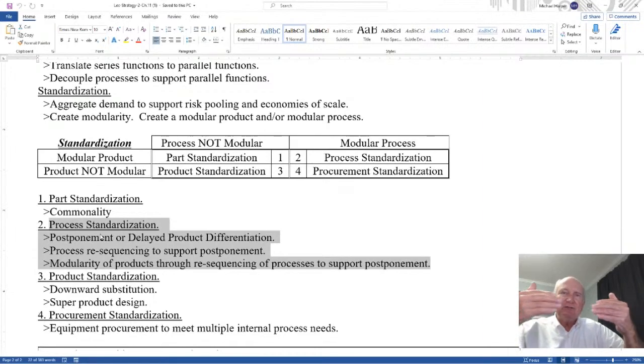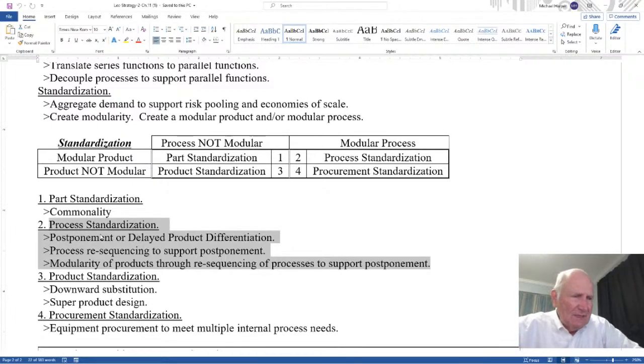And as they go downstream, you don't have to put it together until you're right at the delivery point, right at the retail part. And there's where the process can be modularized down there. So each process is a little bit different with different products. So you can modularize the product, modularize the process, and you can delay the differentiation of the product. The product isn't defined until the very last.